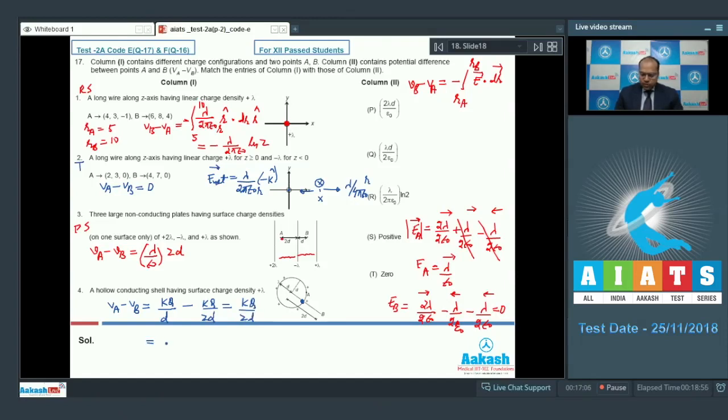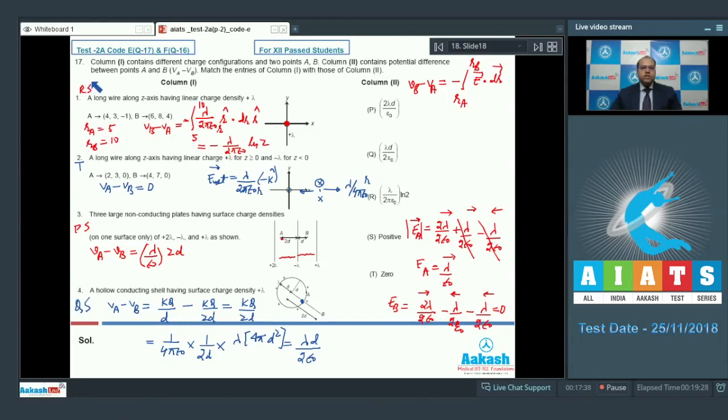If I substitute the values of Q and K, it can be written as 1 upon 4π ε₀ into 1 upon 2D, and the value of Q is λ into 4π D². On solving, it comes out to be πDλ upon 2 ε₀. So the correct matching will be Q and S.